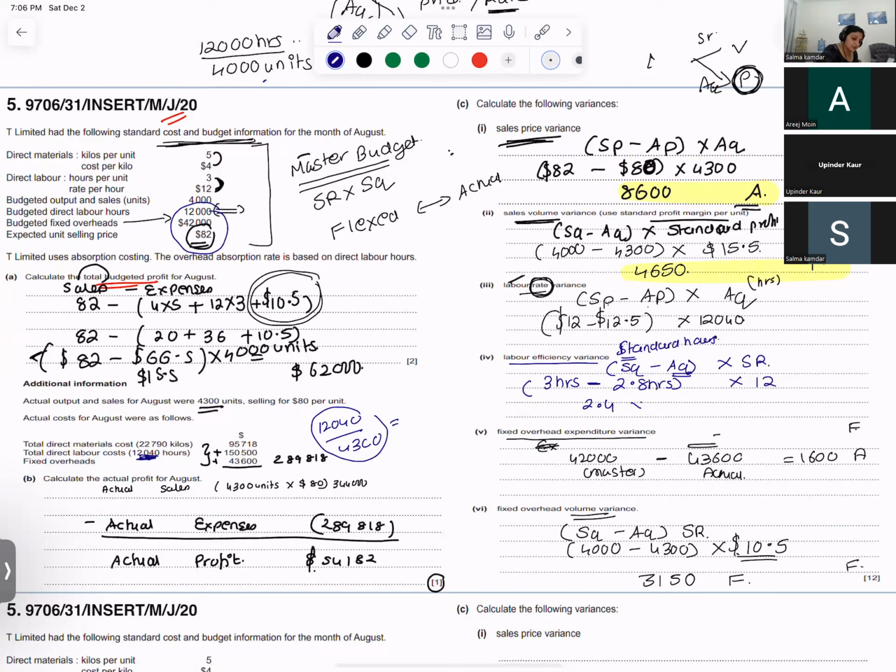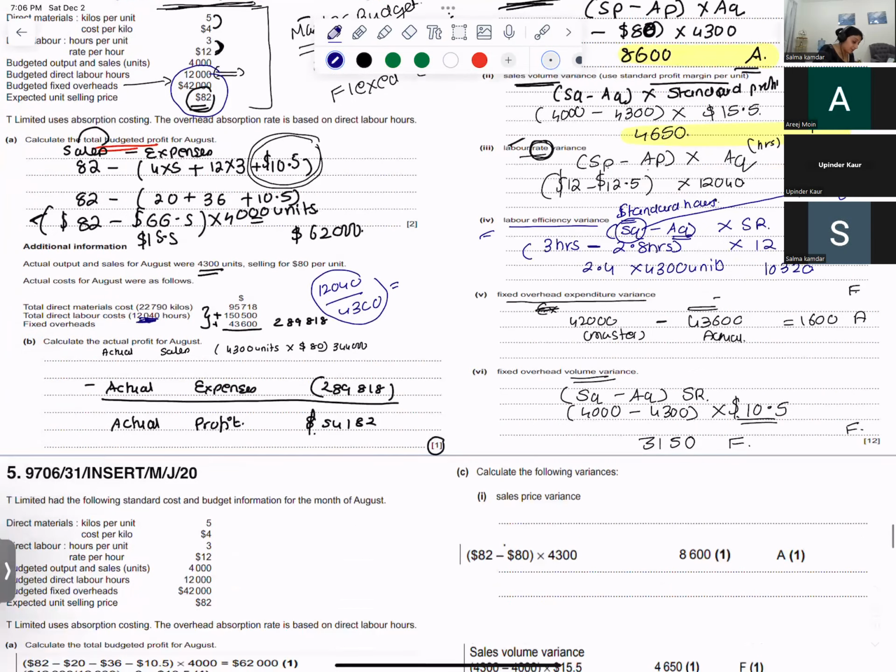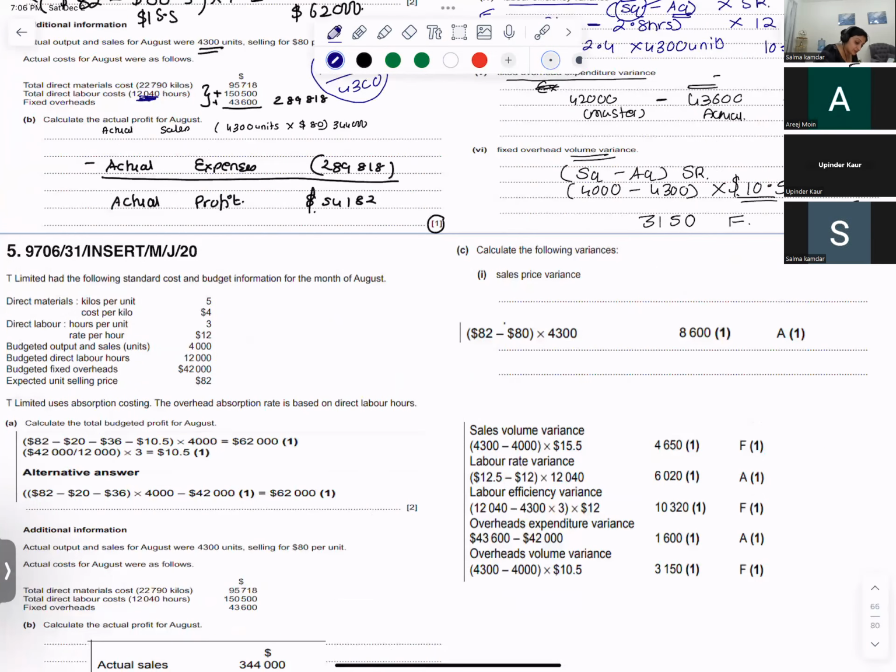Multiply by 4,300 units. So you'll get 1,020. You should always remember this is standard hours for actual production. Don't take the master budget. Okay, miss. There, most of the people get confused.